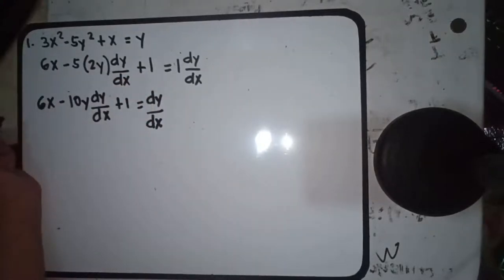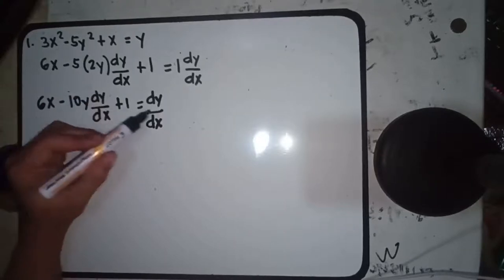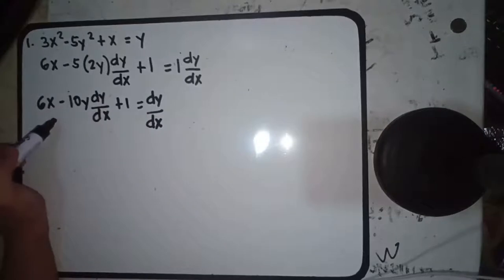Okay, next. Sumana na to sila differentiate. So, we have to group all terms with dy over dx on one side of the equation and group the terms without dy over dx on the other side of the equation. So, in this case, naa tay dy over dx and dy over dx, grupo na to sila diri sa right side, and then the rest of the terms nga walay dy over dx dito po sa left side.